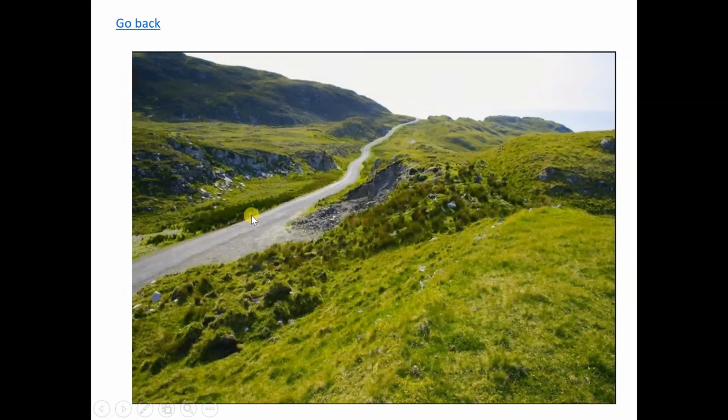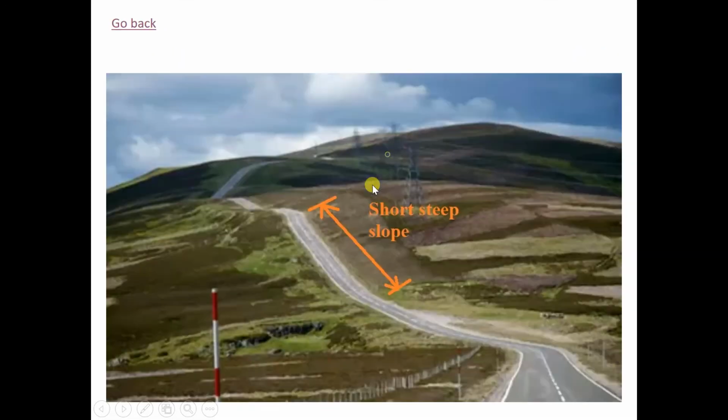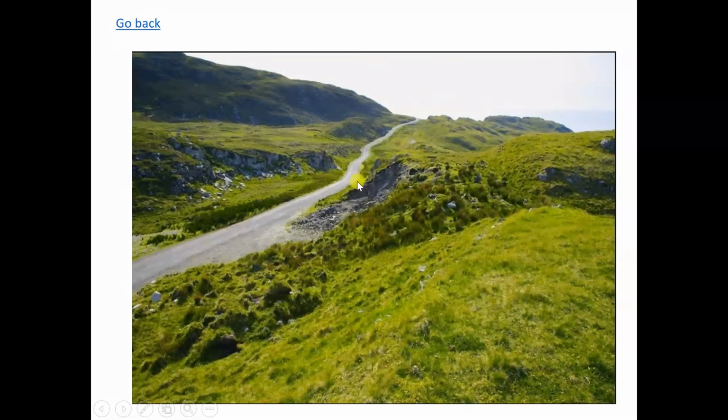But if you have a direct straight line up, the slope is going to be steeper. But because you go straight up, it's cheaper. If you go zigzag, the line is longer, so it will cost more.